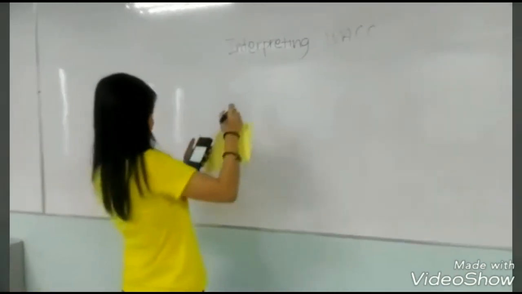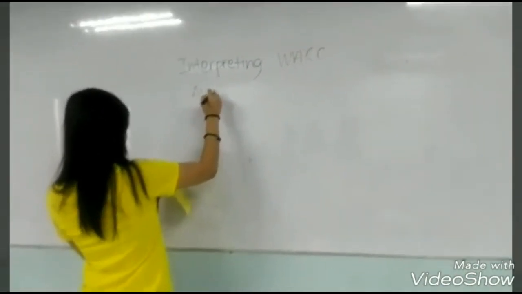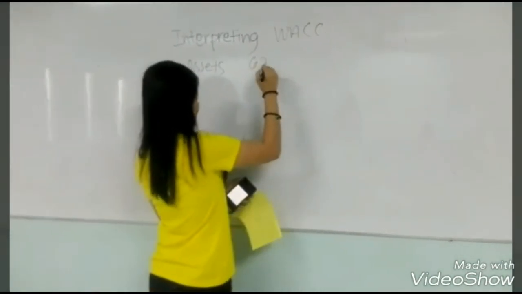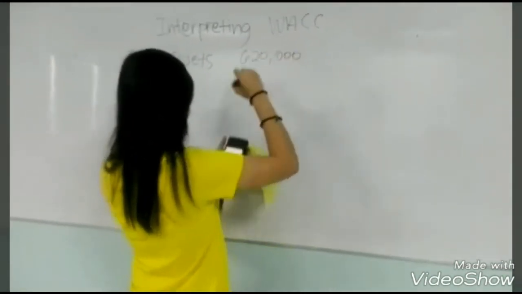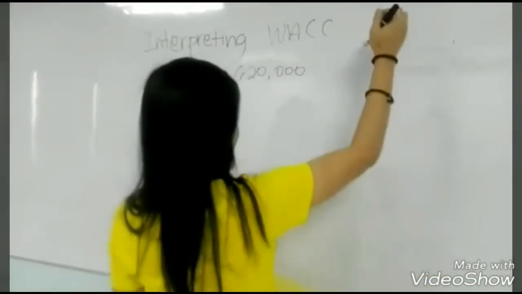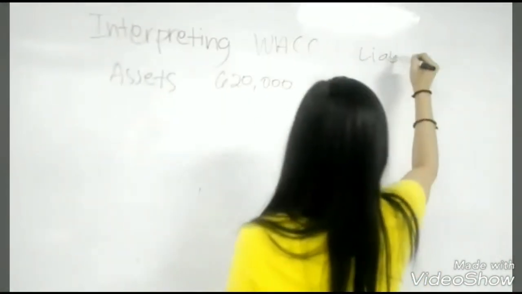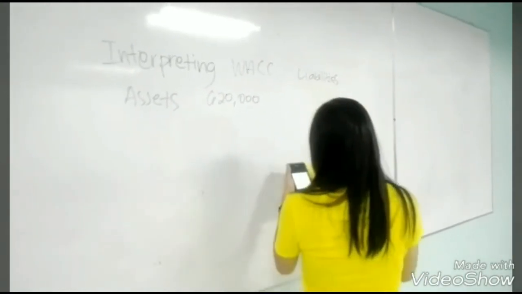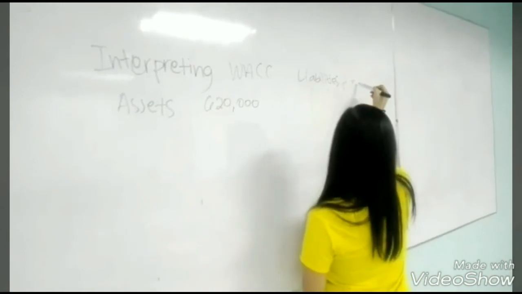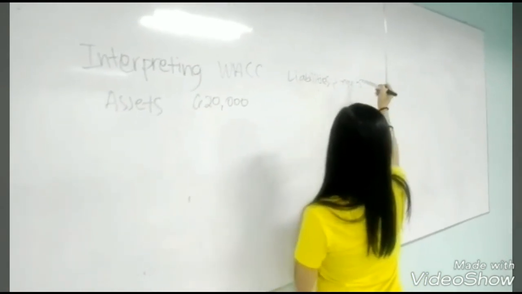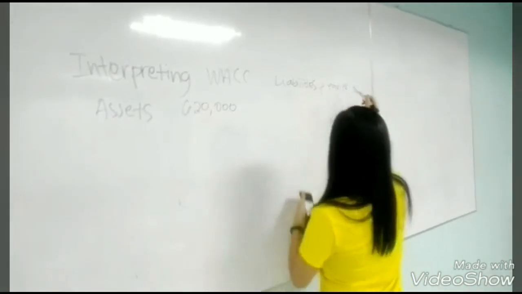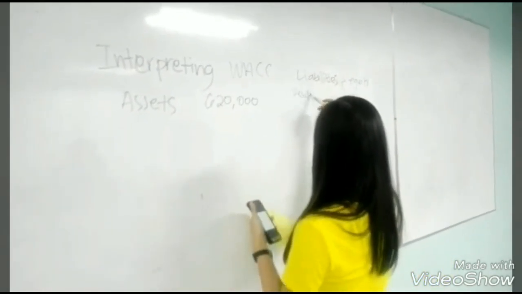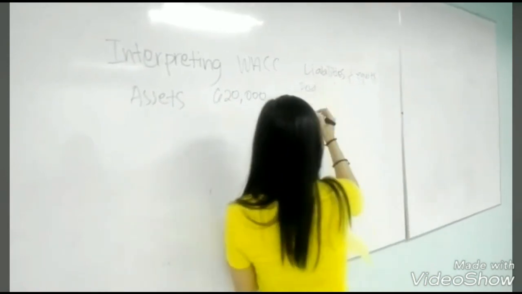The asset is 620,000. And the liabilities and equity, the debt and equity.